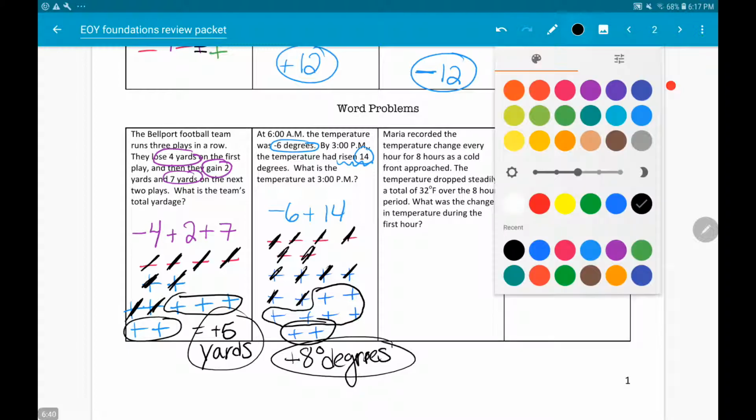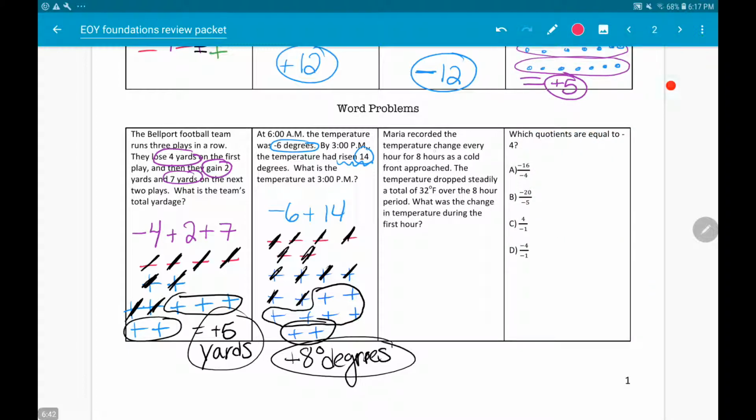All right. Maria recorded the temperature change every hour for 8 hours as a cold front approached. The temperature dropped steadily a total of 32 degrees over the 8-hour period. So 32 is my total, divided by 8 hours.